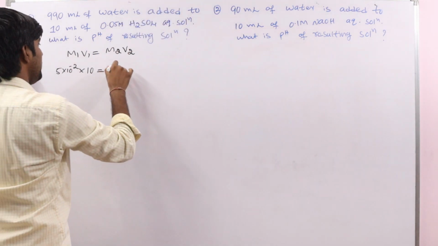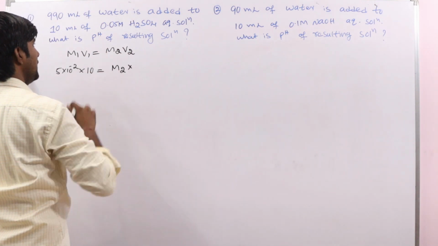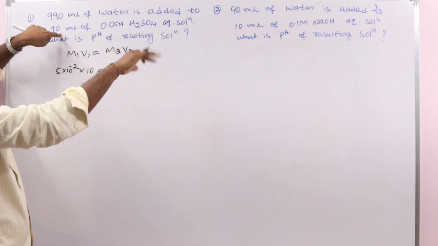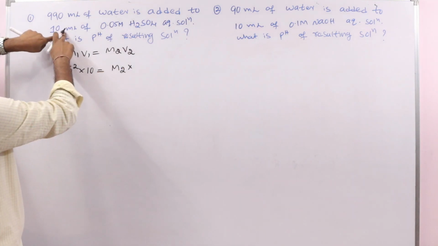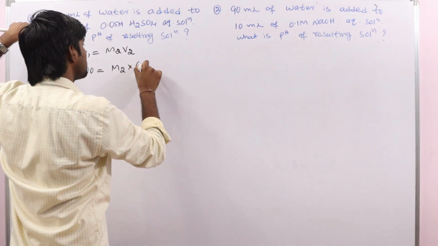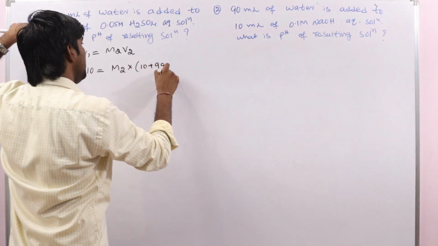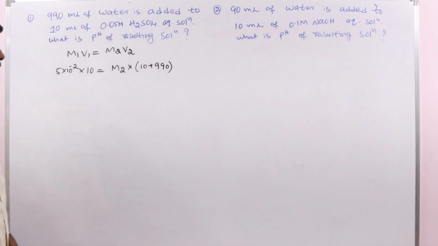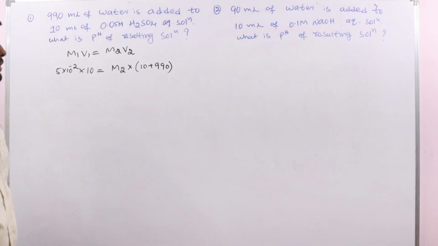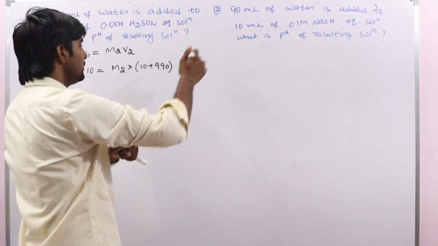Here M2 we have to find. What is V2? V2 means the final volume after dilution. For 10 ml we are adding 990 ml, so V2 will be 10 plus 990, the initial volume plus the added 990 ml, so the final volume will be 1000 ml.